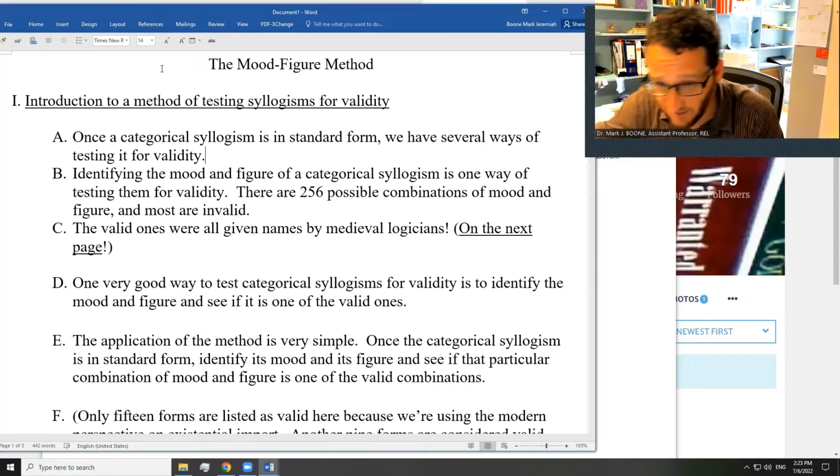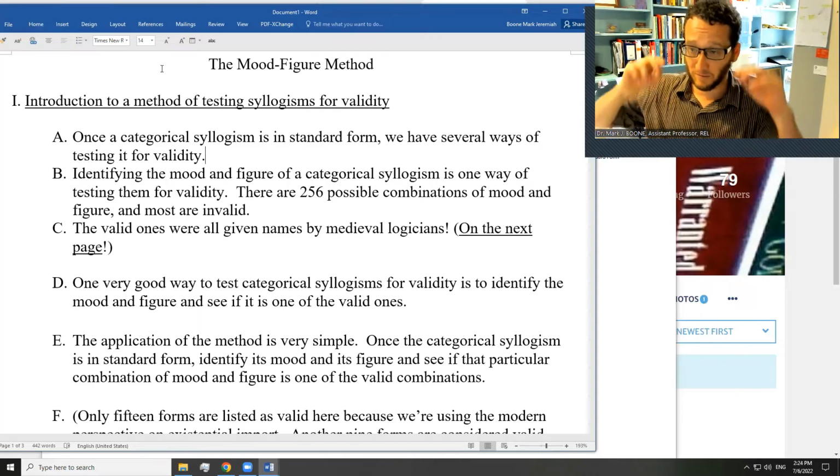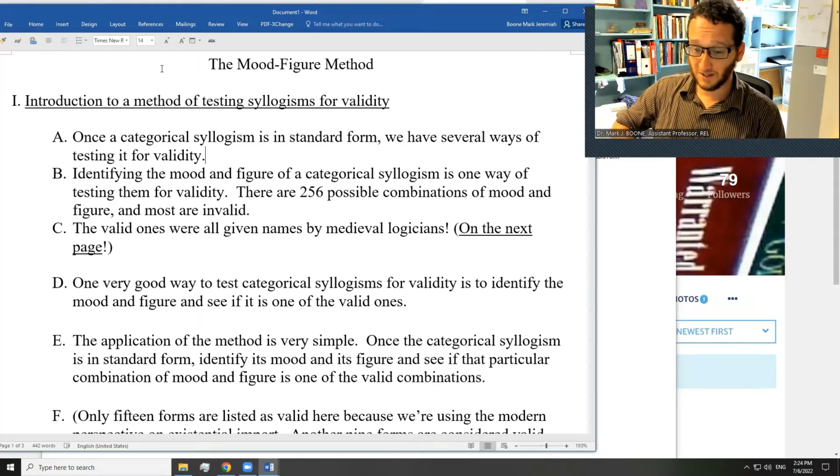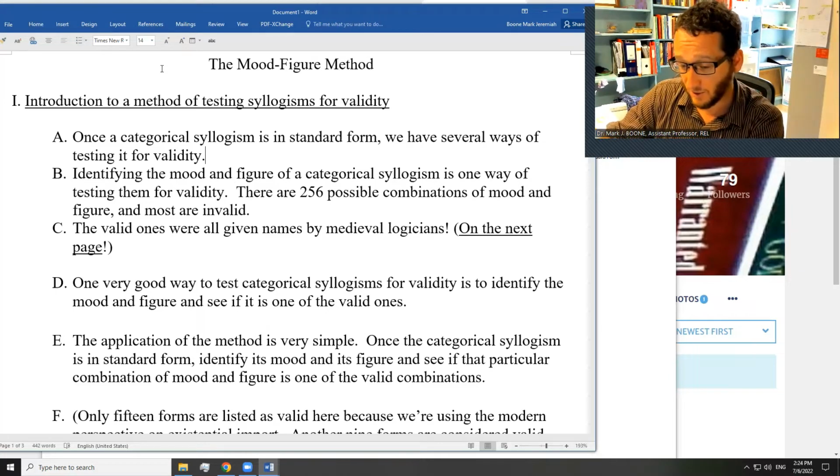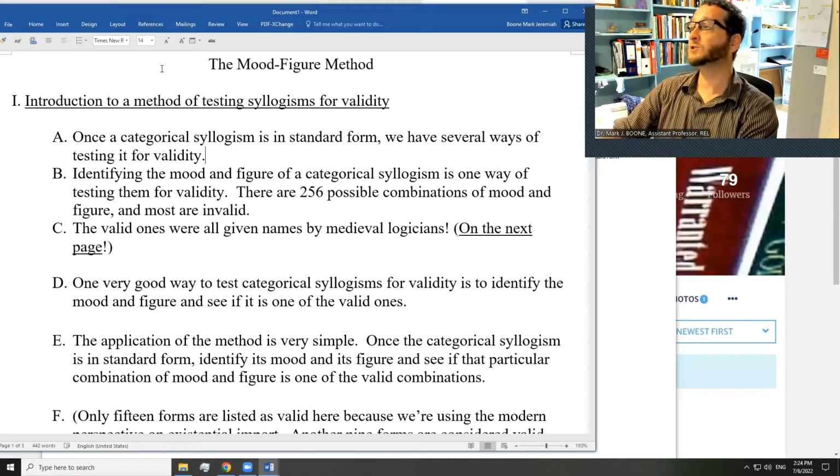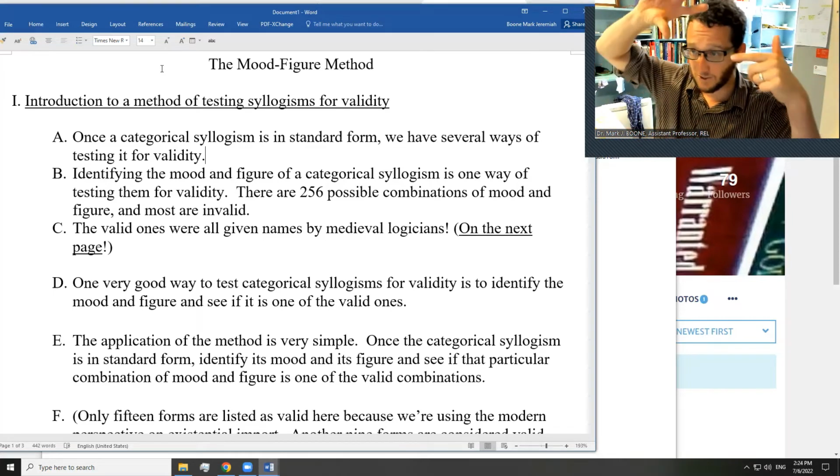As illustrated in the last video, putting it into standard form in the best way would be using a scheme of abbreviation, where you'll use S, P, and M to symbolize the minor term, the major term, and the middle term. That's the first term in the conclusion, the second term in the conclusion, and the term that appears once in each premise. Once you put it into standard form using a scheme of abbreviation, you'll have S equals something, P equals something, M equals something.